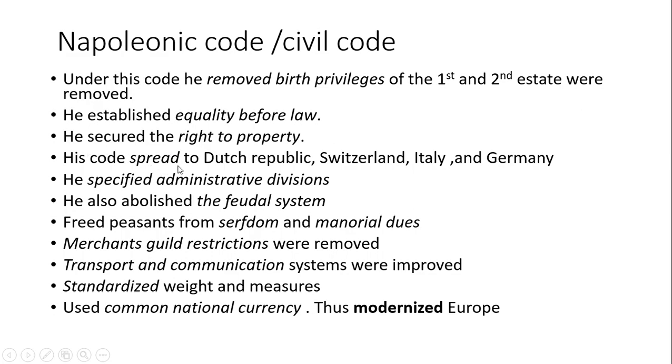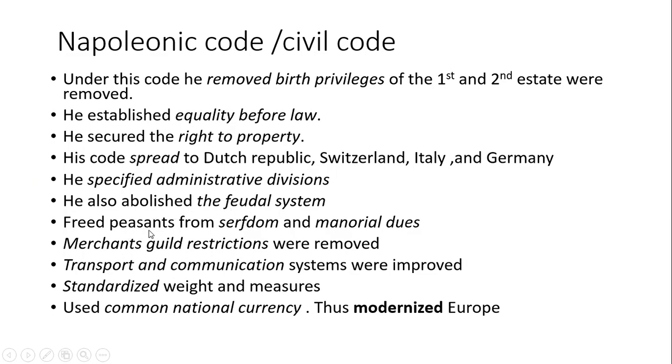His code spread to the Dutch Republic, Switzerland, Italy and Germany, meaning the regions which were attached or nearby France. He specified administrative divisions. He divided the administration. He also abolished the feudal system. Feudal system means the rule of rich people.